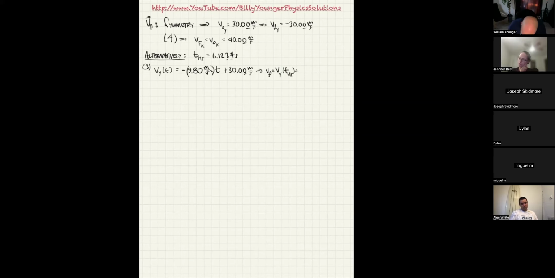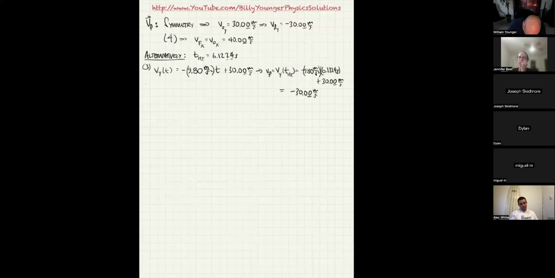and that's going to be negative 9.80 meters per second every second times 6.1224 seconds plus 30.0 meters per second, which ultimately gives me negative 30.00 meters per second.